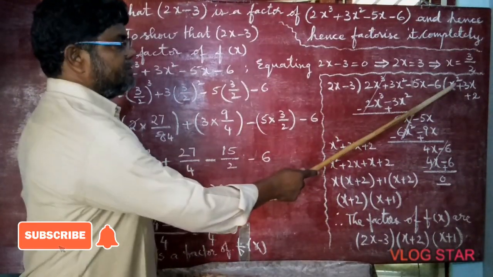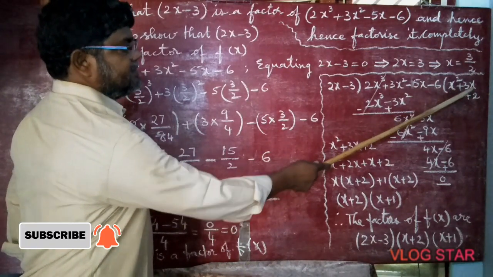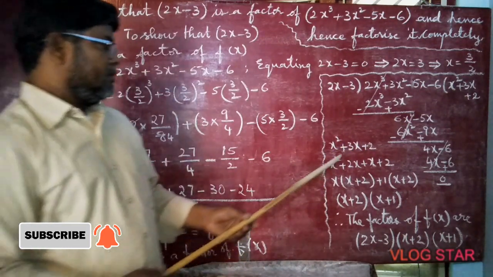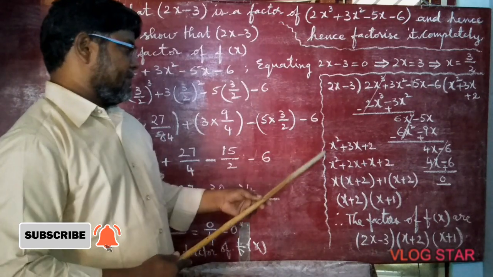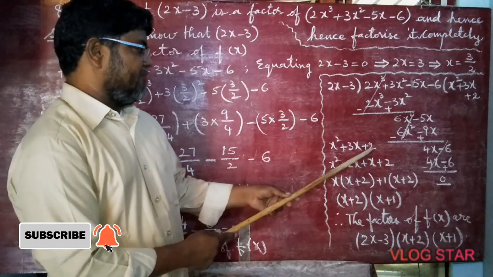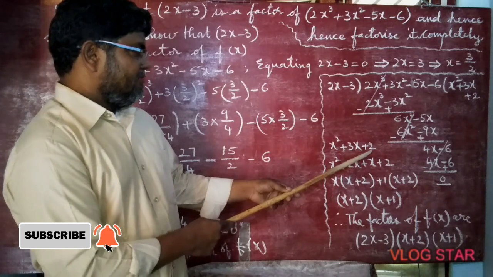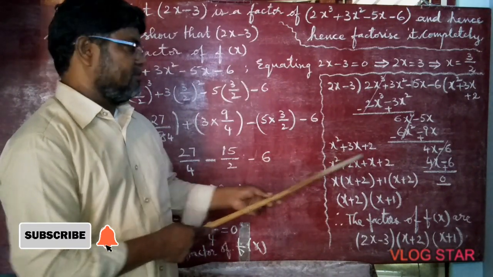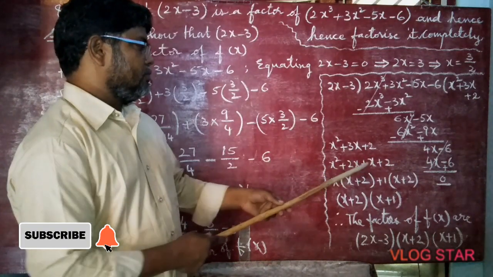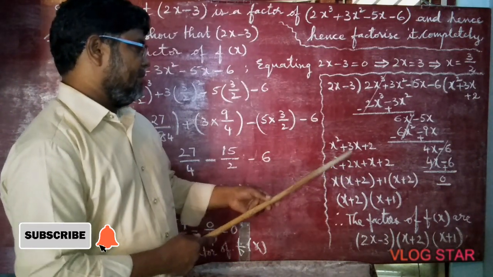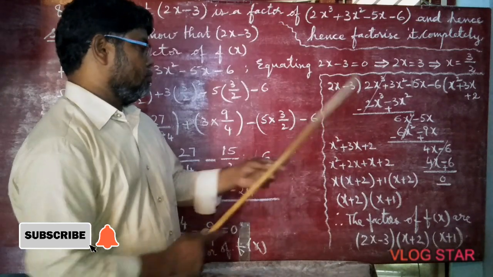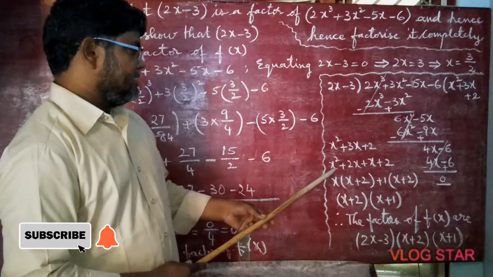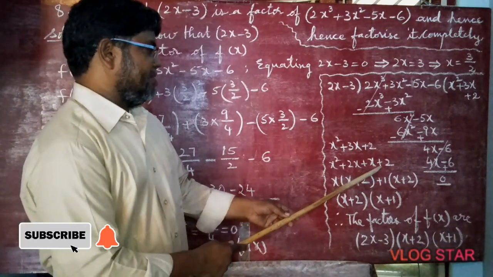Now we got the quotient x² + 3x + 2. Now we got a quadratic expression. We are going to find factors for plus 2 such that when we simplify, plus 3 should come. In such a way we have to take factors: 2 ones are 2, and 2 plus 1 is 3. So x² + 2x + x + 2.